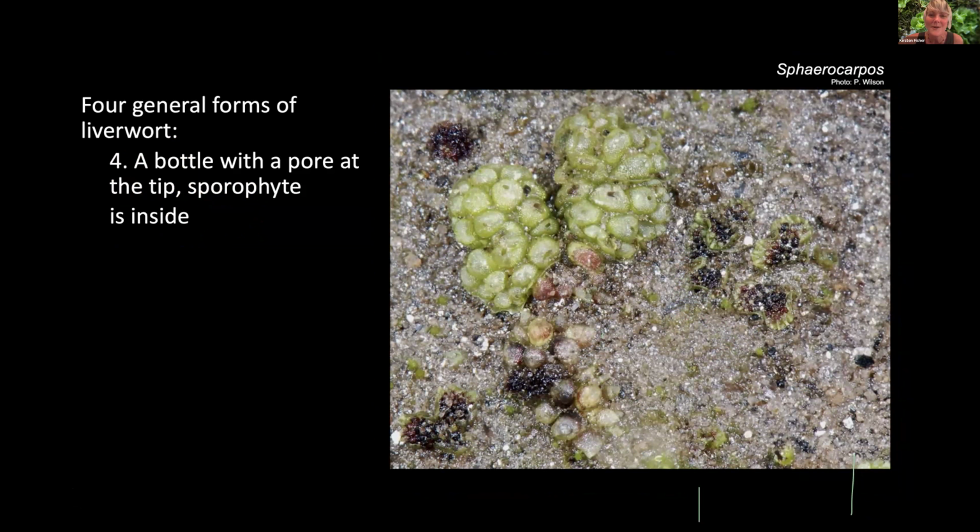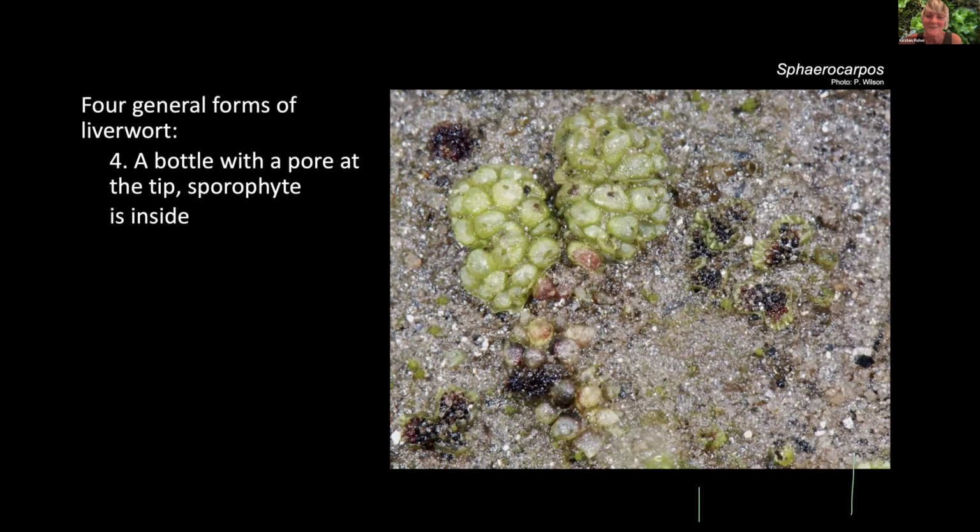They have a single pore at the top of their little vase or sac, and the little sporophyte sits inside there. It turns out that the way they do meiosis to produce their spores in that sporophyte is very orderly and very easy to see. These are actually the organism where meiosis was elucidated, because it's really easy to see in them. Anyway, that's Sphaerocarpos. That's a weird form of liverwort.